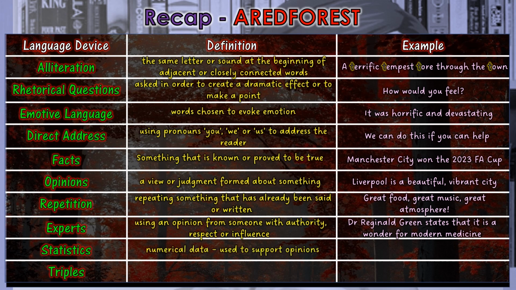Statistics, numerical data used to support opinions or as evidence for what you are writing. 70% of consumers agree. And triples, a list of 3 used to add emphasis. For example, respect, honour and obey the rules. How did you do?